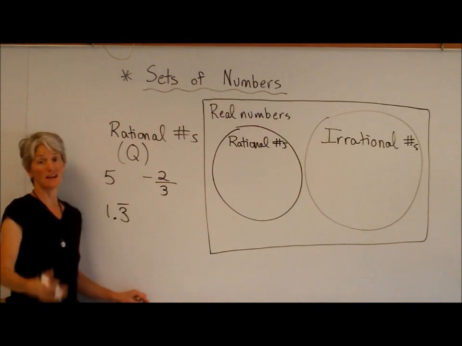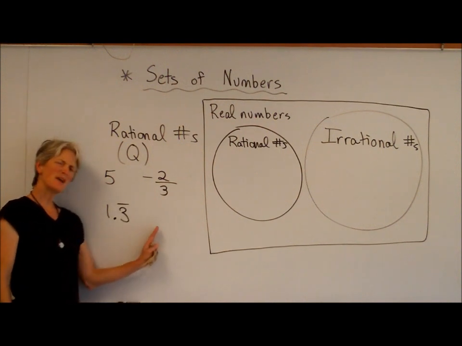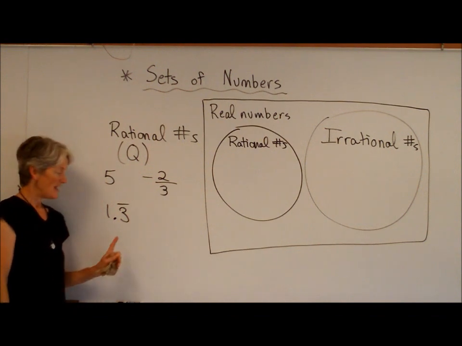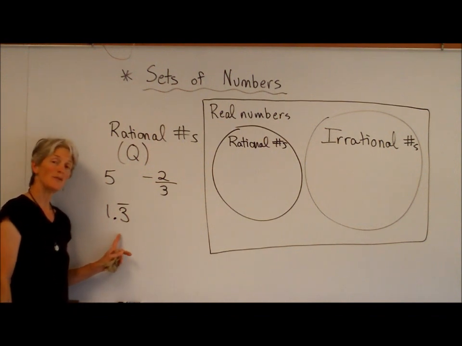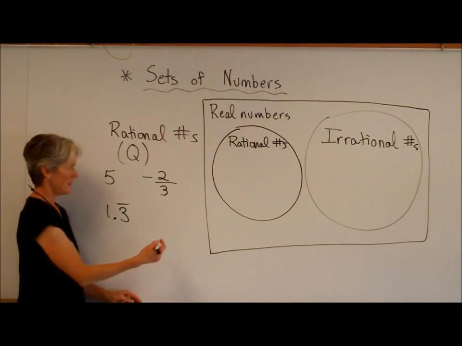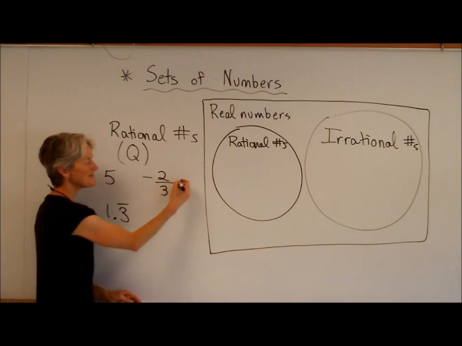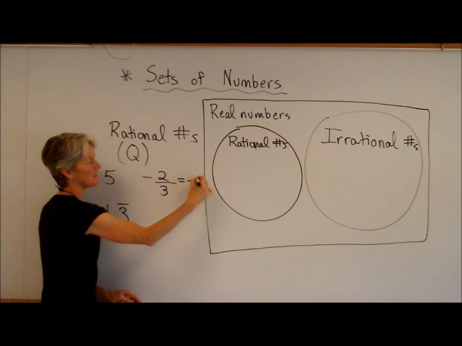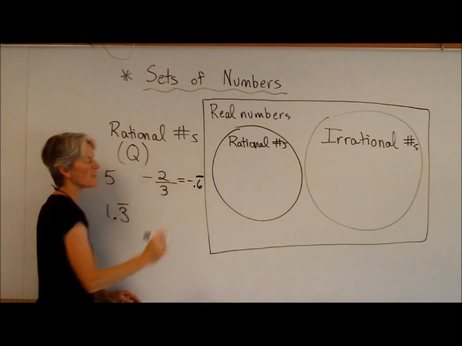1.3 repeating is rational. Now, that's a decimal that goes on and on forever, but it has a pattern. If I wanted to, I could figure out what fraction went with that. Like 2/3, if I wrote that as a decimal, that would be one of those repeating ones too. This would be negative 0.66666, and we write that with a bar over it.